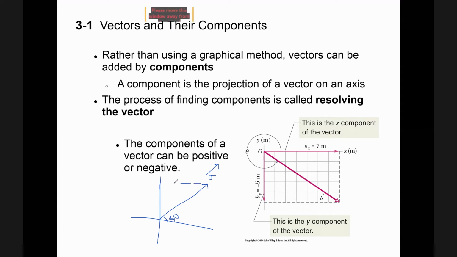If you don't know this 50 and I give you this angle, 40, since the rest of the 90 is 40, can you still write the components? Now what is this? Write on the chat, what is this?